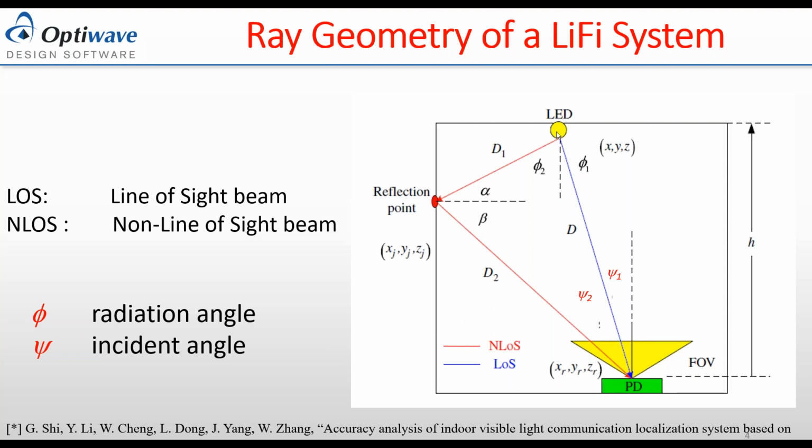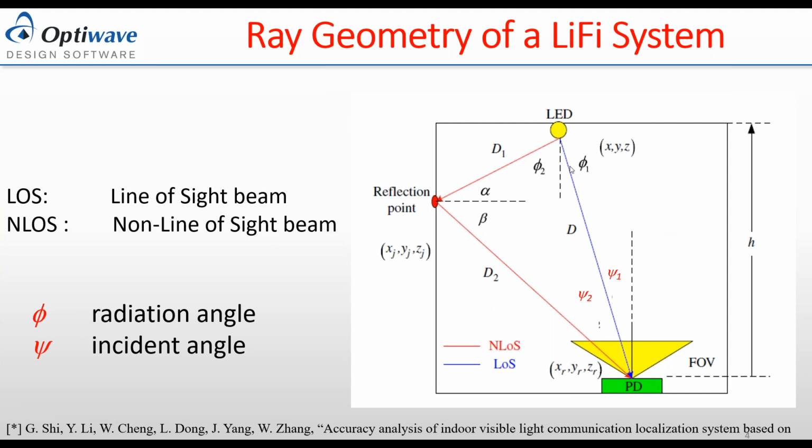The light emitting source will transmit the modulated signal to the receiver, and the rays can be received directly using this kind of ray, for example, which we call a line of sight ray. Or it could be reflected from any surface in the room, and the reflection could be a single reflection or many reflections from the surfaces. That ray we call a non-line of sight ray or beam.